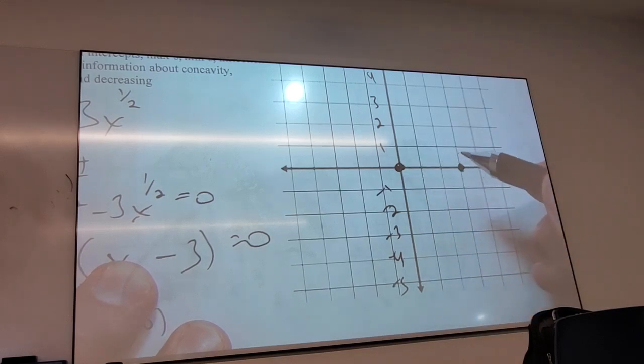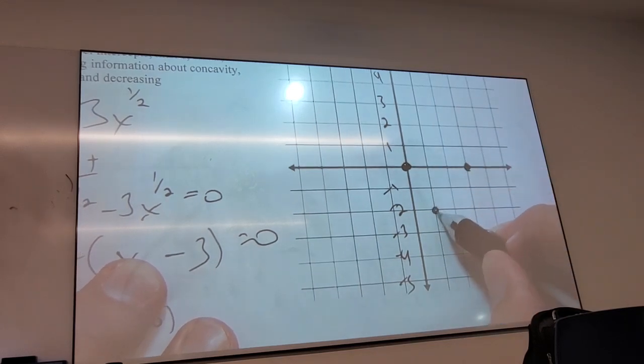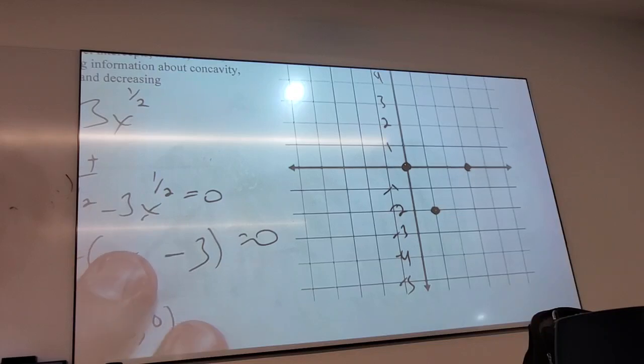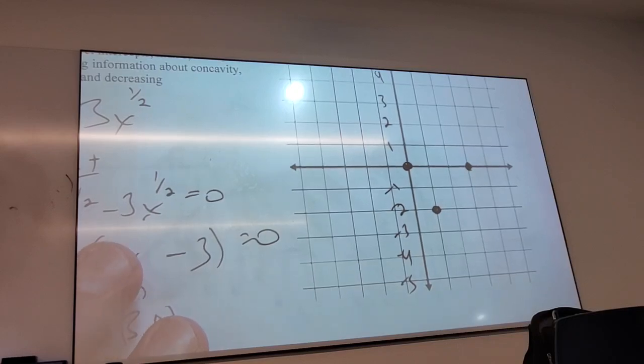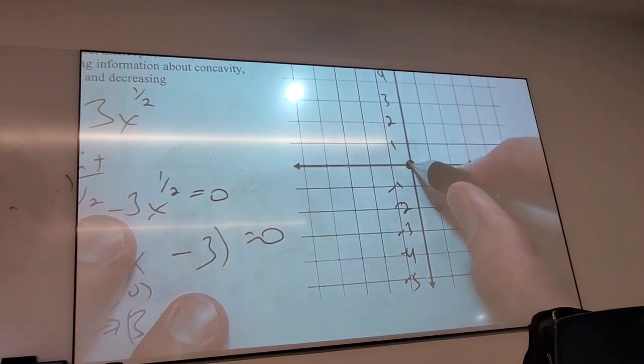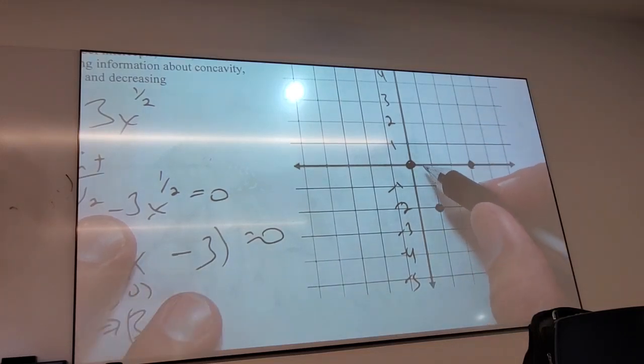What's the local min again? (1, -2). And then I know that this thing is concave up forever, yes? So how am I going to piece this thing together? Go down and up.